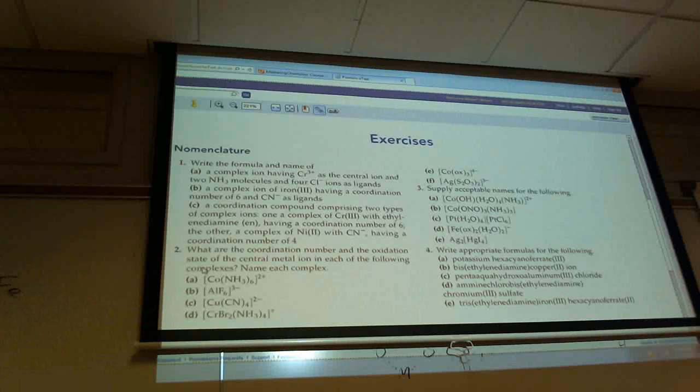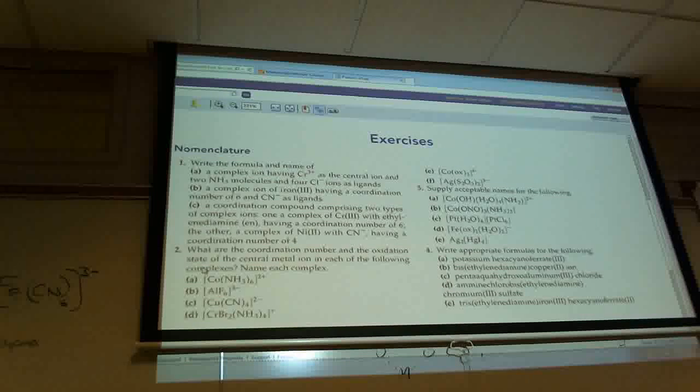Cyanide, is it monodentate or bidentate? Mono. It's going to be monodentate. And so if we have a coordination of 6, we need 6 cyanides to do that. What's the total charge on this complex? 3 minus. And so this would be what? Hexacyano.